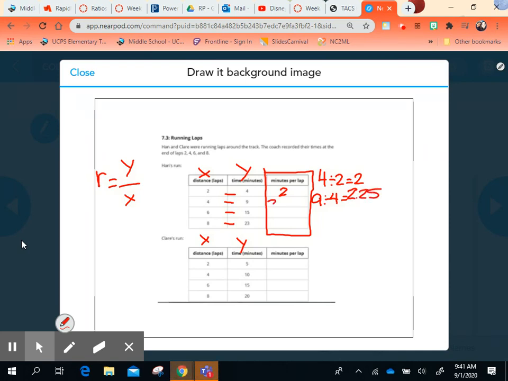So I'm going to write it in here. What about 15 divided by 6? 2.5. And 23 divided by 8? 3.87.